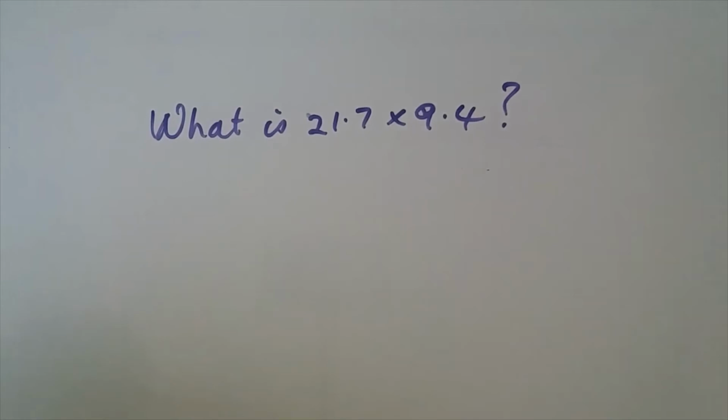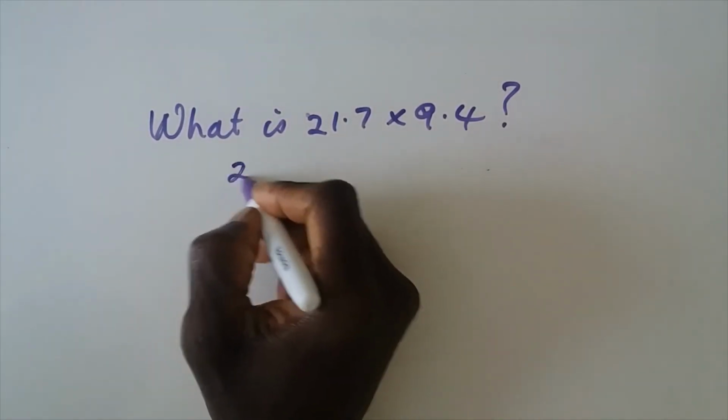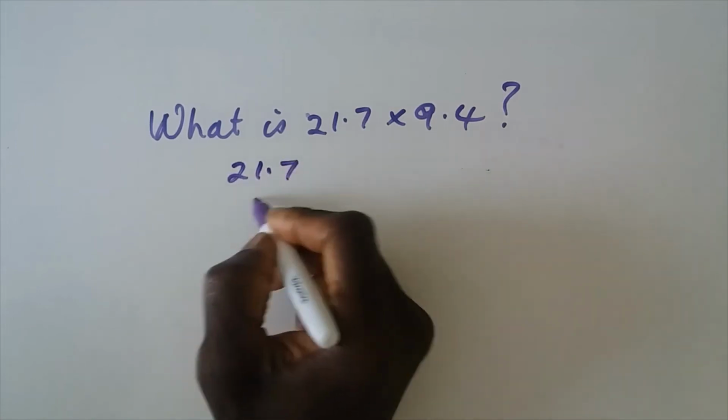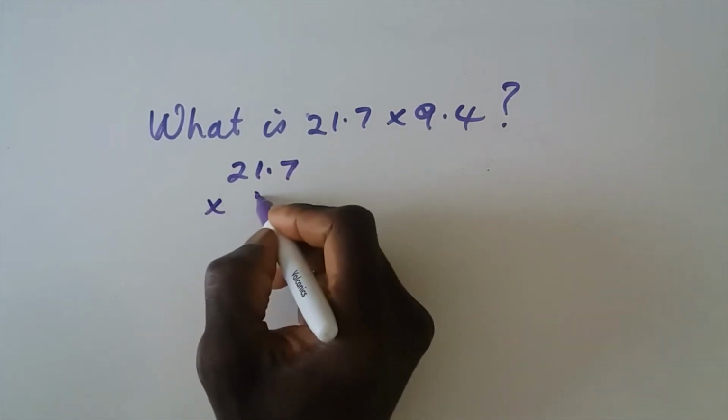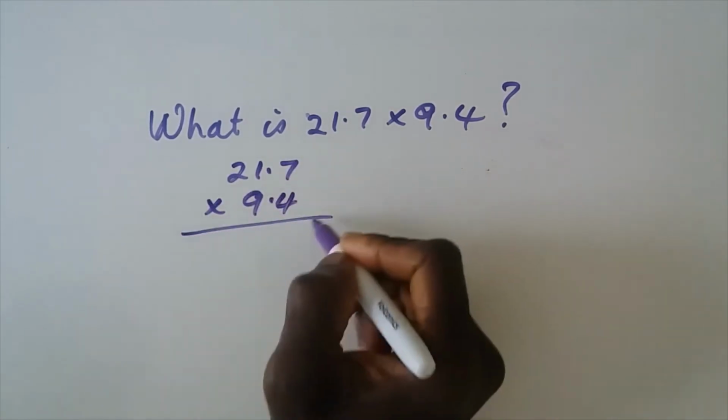What is 21.7 times 9.4? Well, we'll do some long multiplication. 21.7 times 9.4.